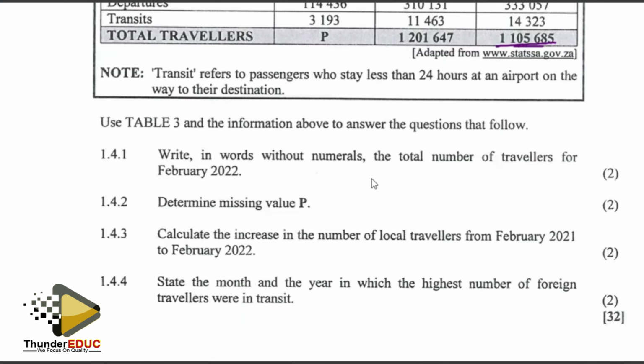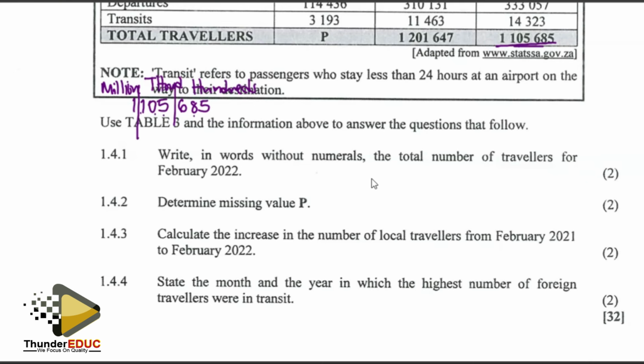So, let me see, it's 1,105,685. Now, starting from the right hand side, it's hundreds, making these 3 thousands. Now, these are 6 values. So that means this one is a million. So this is thousands, 100,000. Then these are hundreds.